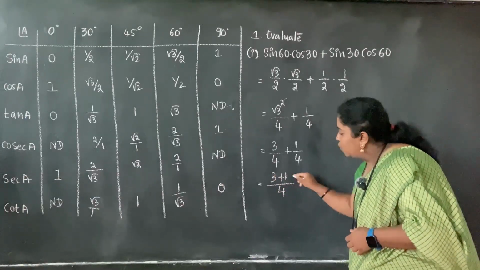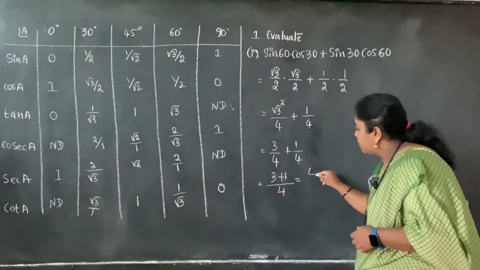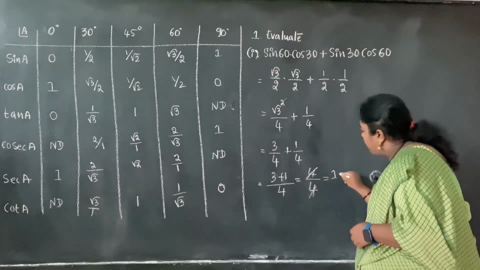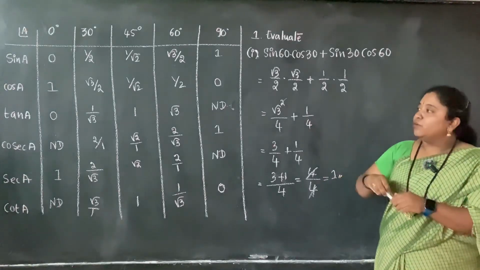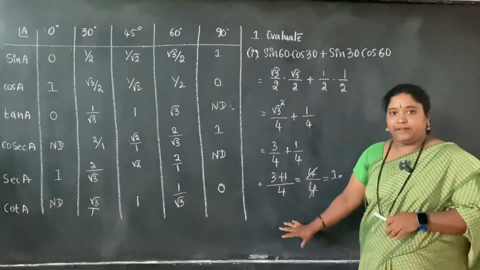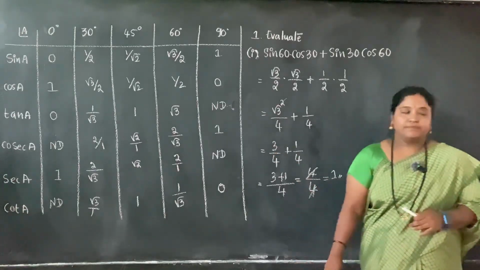Directly add the numerator part. 3 plus 1 will become 4. 4 by 4. What is the value I am going to get, dears? 1. Okay. This is how you need to use the table to find out the values. Understood? We'll move to the next question.